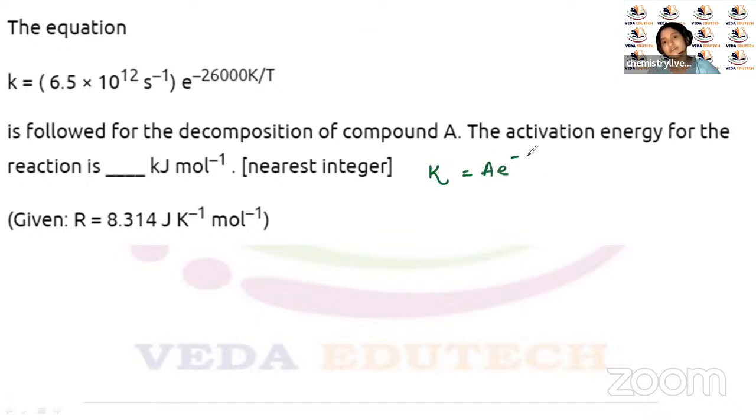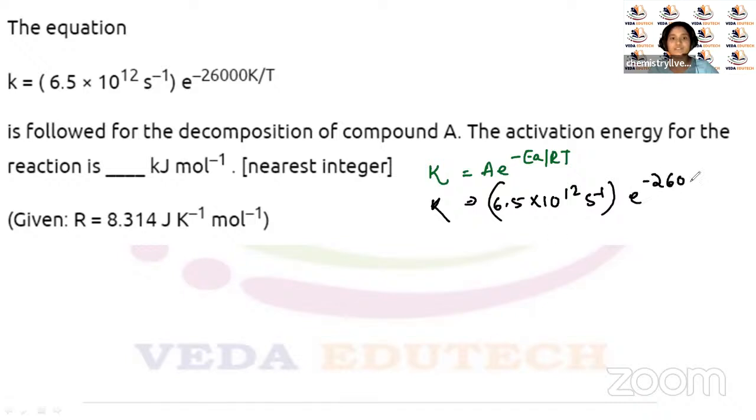K equals A e to the power minus EA by RT. So if we see here, the equation is given as K equals 6.5 into 10 to the power 12 second inverse e to the power minus 26,000 K by T, right?